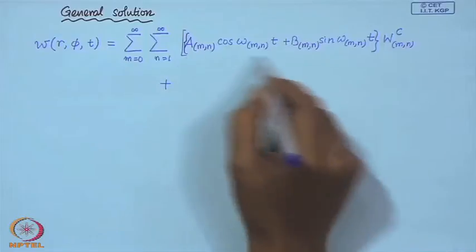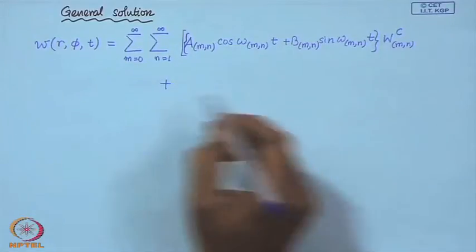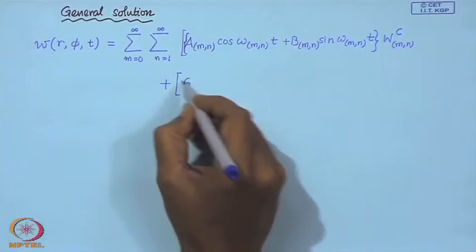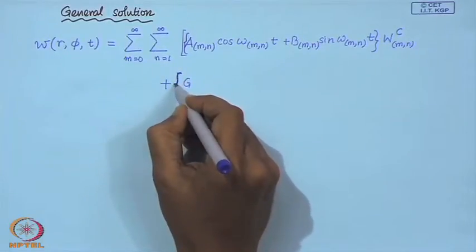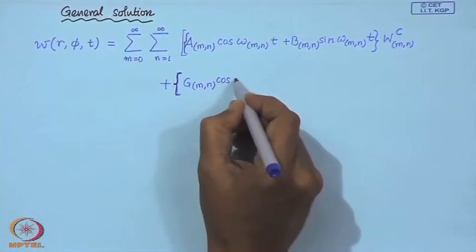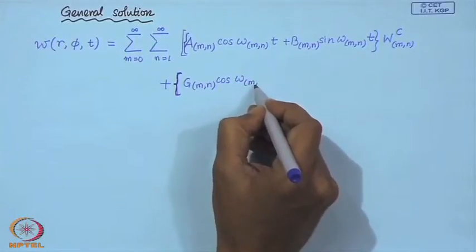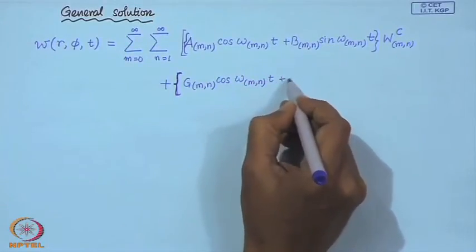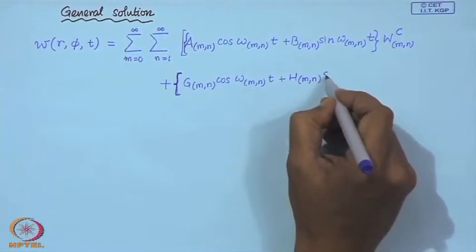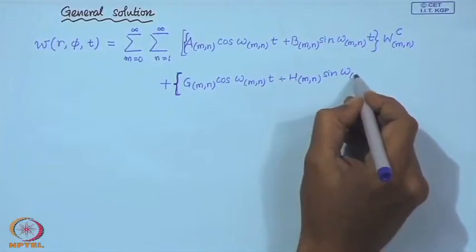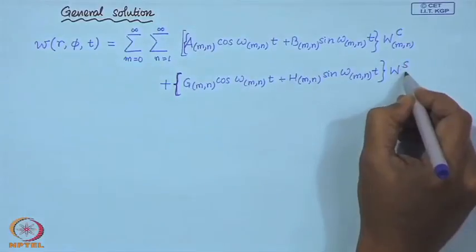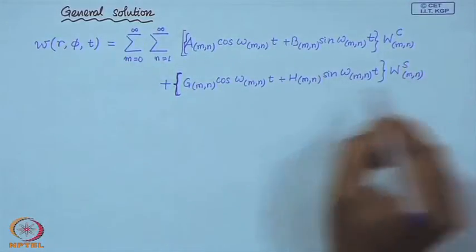So, this is the coefficient of the cosine mode, plus we have also the sine mode. So, that is a general solution.